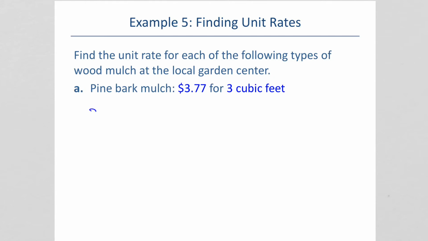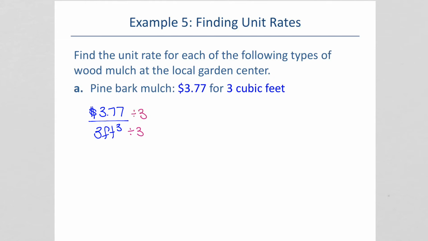Right now this says pine bark mulch costs $3.77 for 3 cubic feet. We need the bottom to be 1. Right now it's 3. How do you make 3 1? Divide by 3. No, you wouldn't subtract.